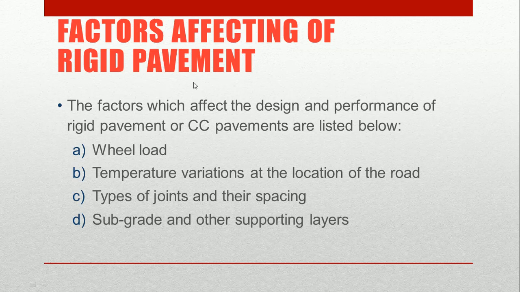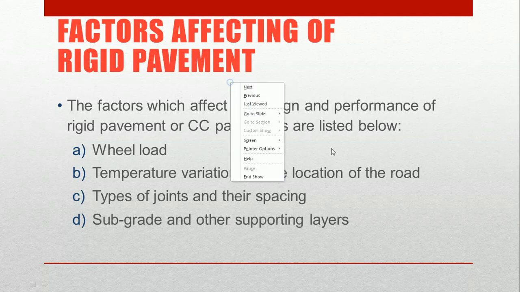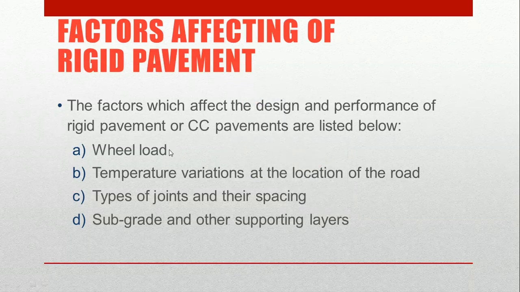In order to calculate the stresses in the rigid pavement, first we need to find out what are all the factors that may be considered while designing the rigid pavement. So that is factors affecting the design of the rigid pavement.